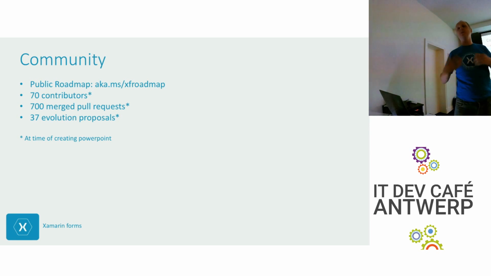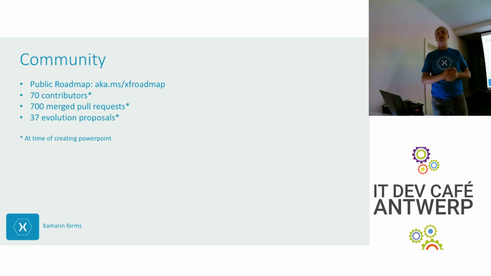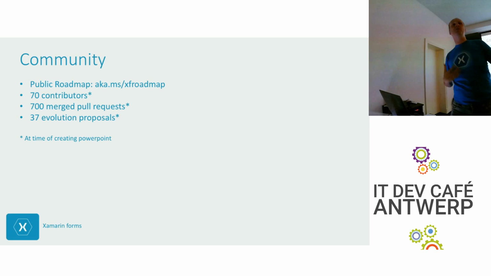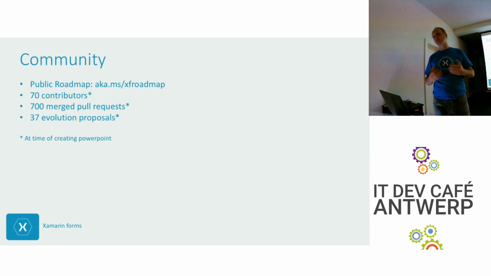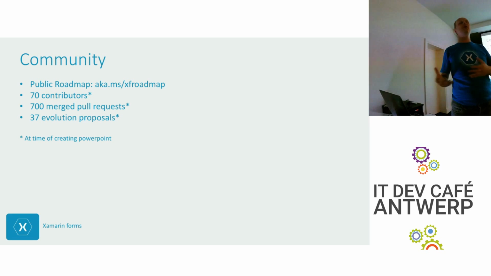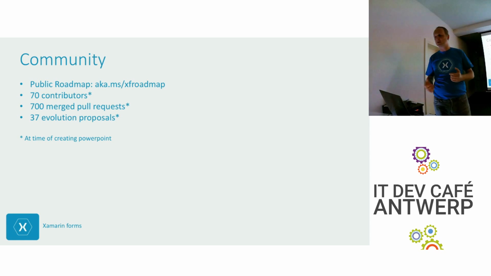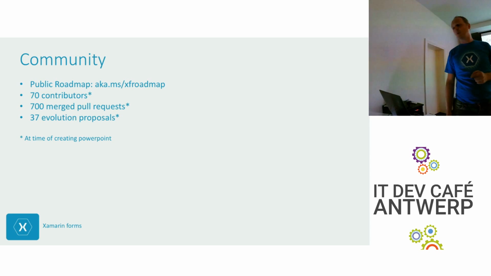So if you say, okay, we're missing this still in Xamarin Forms, and I want to have this added, you can submit a roadmap feature, and then everybody will discuss this, and the people from Xamarin will see if they will add it or not. So it's with a voting system, I think. And it's with a discussion. At the moment of creating this slide, there were 37 evolution proposals already on that site, but I'm guessing it will be far more at the moment.